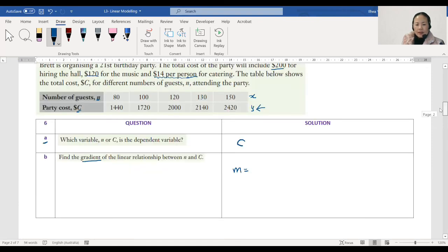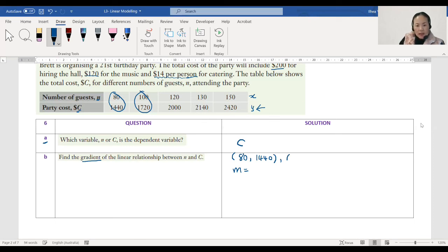Aha, that's the thing. I went too far down. Okay, so I'm going to have a look at all these values here. These are like points, okay? So first one is like 80 and 1,440. Like 80 is like X coordinate, 1,440 is Y coordinate, okay?